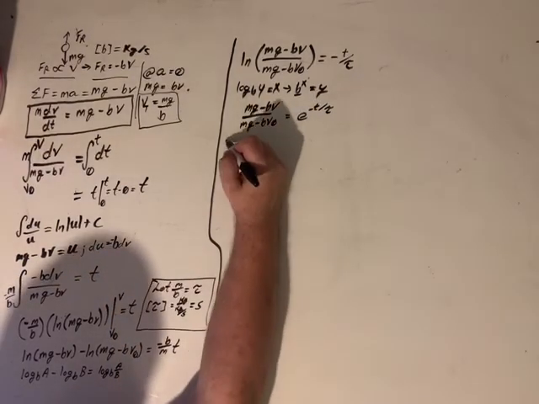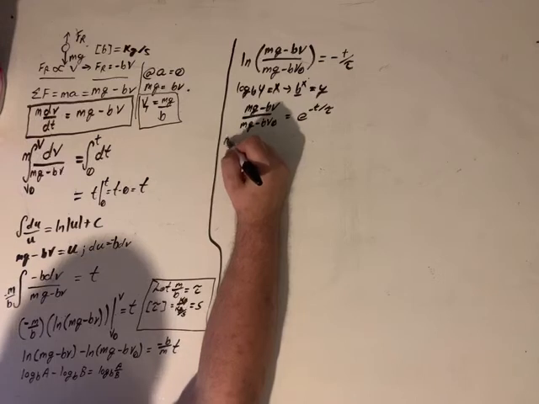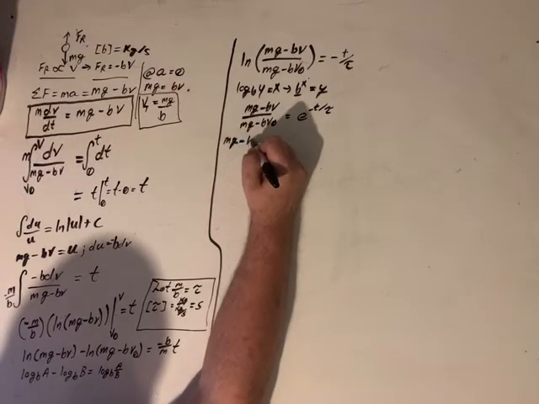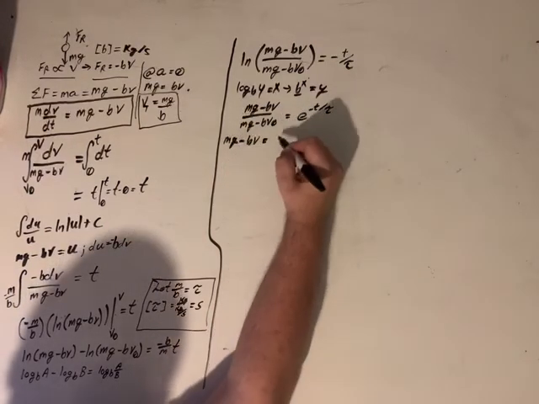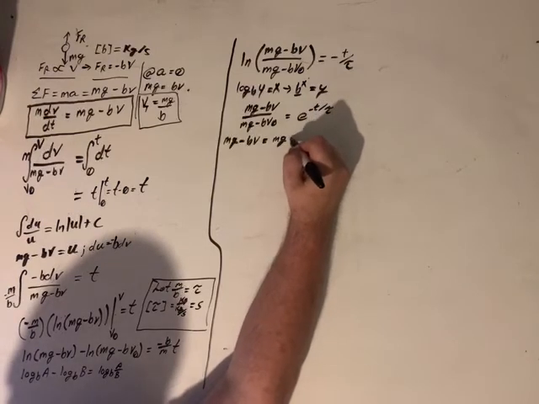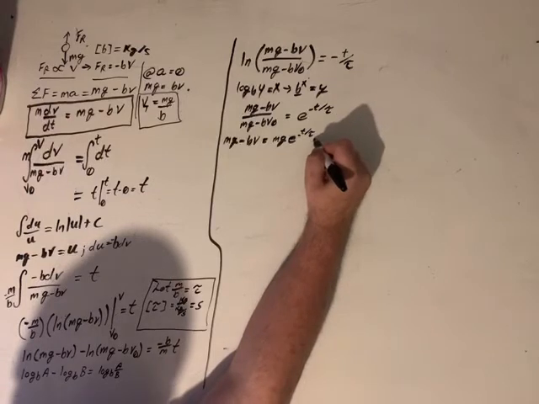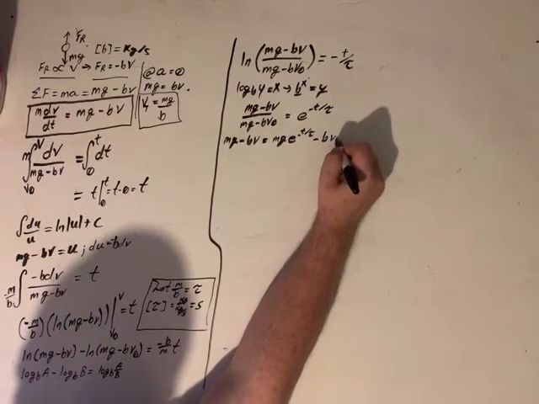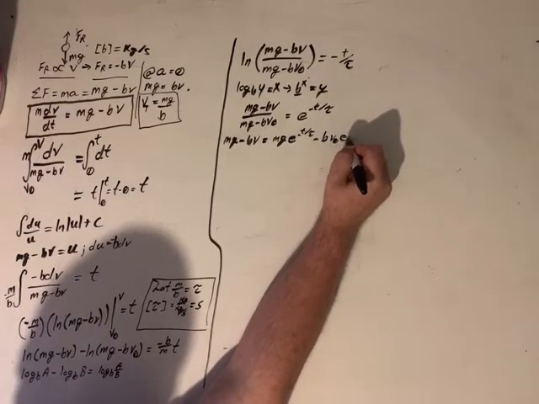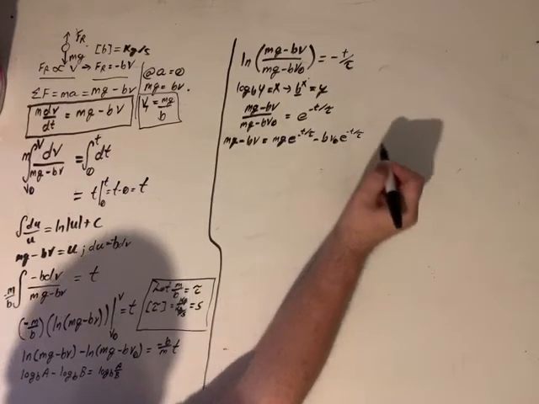and not making a mistake in any of the algebra. So taking this step by step, mg minus bv equals mg e to the negative t over tau minus b v sub 0 times e to the negative t over tau.